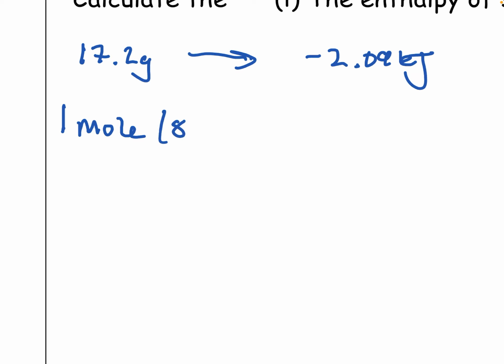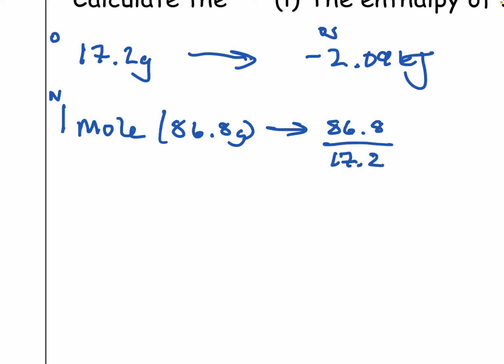which is the same as 86.8 grams, is the same as, and we'll do new over old times other side. That means to work out this, you'd have to do 86.8 divided by 17.2 times by 2.09.